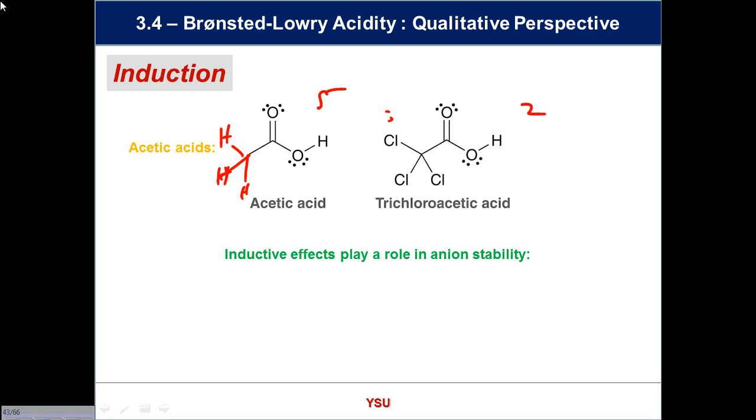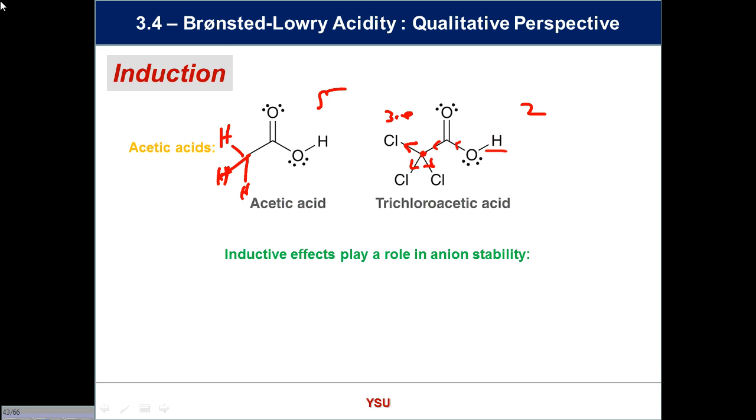Electronegativity of Cl is 3, and there are 3 of them. So which direction will the bond electrons go towards, the Cl or the C? The Cl. And I can draw little arrows here to show that those chlorines are kind of hogging the electrons in the C-Cl bonds. So that maybe says that this carbon here is somewhat positive. Well, that's not happy. It wants electron density, so it will pull electrons away from its neighbor. And that will not be happy, so it will pull electrons away from its neighbor.